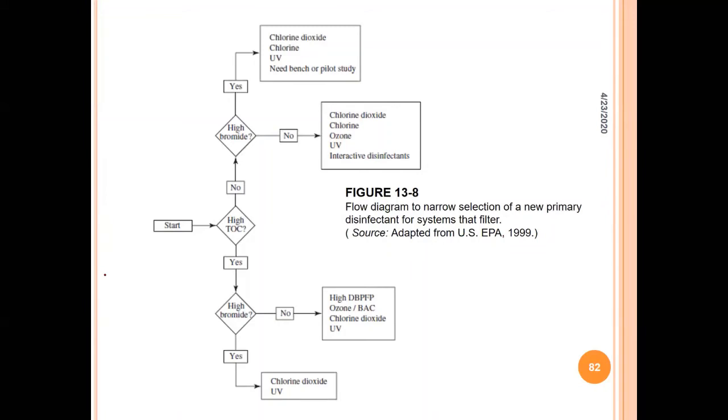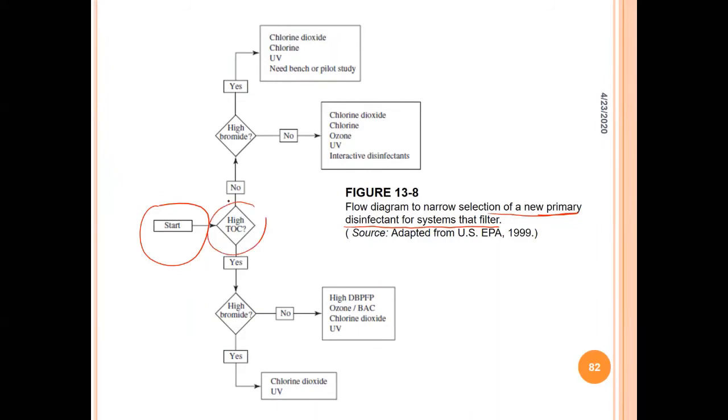And you can follow this for selection of a new primary disinfectant for a system that filters, after filtration. For this kind of schematic or logic we can use, start from here. We want to select a new disinfectant for water which is filtered.